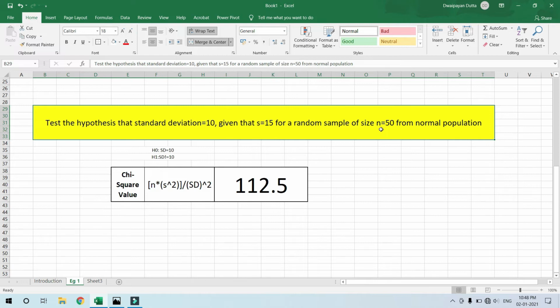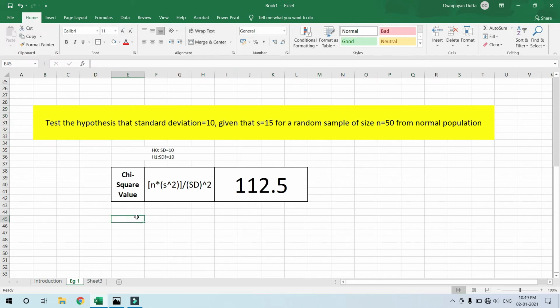We are given, see, I have written also what is s, what is n, I have told you before. So we are asked to find out the test about the standard deviation. So what will be the null hypothesis?